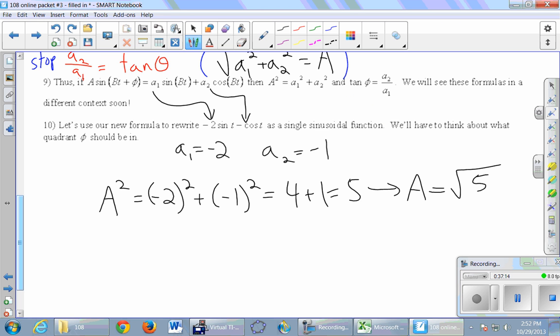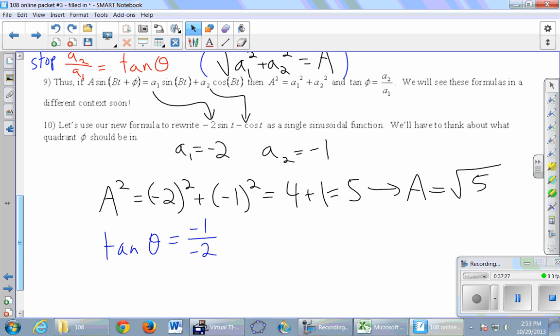So let's write that. Tangent theta is A2, that's -1, divided by A1, -2. Okay, so let's type into the calculator here. We're going to find the inverse tangent of a half.